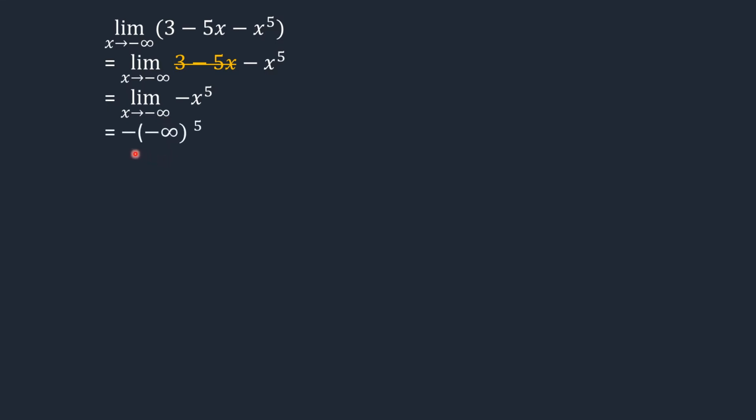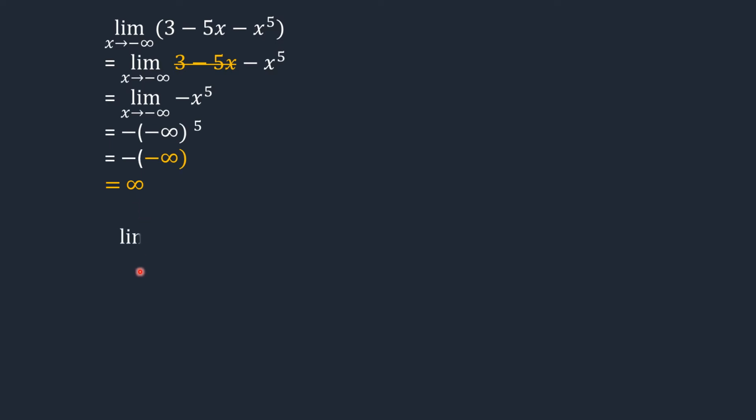So it will become minus of minus infinity to the power 5, which will be minus of minus infinity, because the odd power of a negative number is always negative. Now negative into negative will become positive. So the answer will be plus infinity.